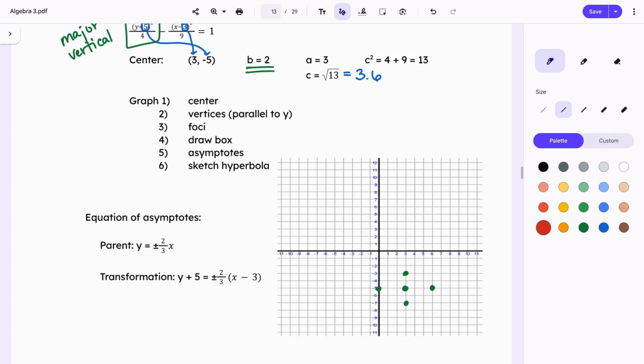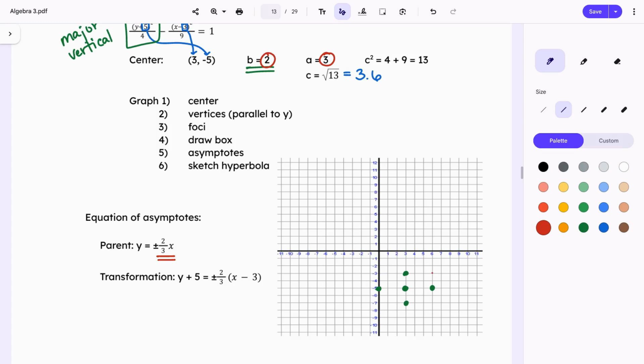So I'm getting the 2 from the b and the 3 from the a to write out my equation down here, 2 over 3. So from your center, you're going to go all those combinations of 2 and 3, like up 2 and right 3, up 2 and left 3, down 2, and then right and left 3 as well to get your 4 corners.